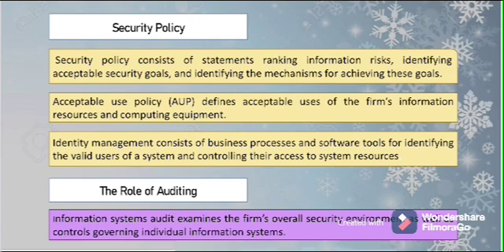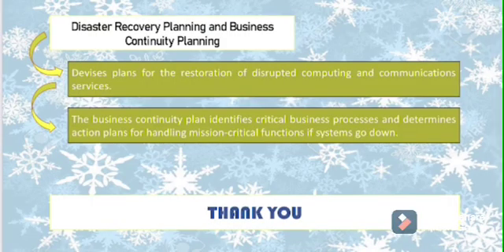Security audits review technologies, procedures, documentation, training, and personnel. Some audits even simulate an attack or disaster to test the response of the technology, information system staff, and business employees.